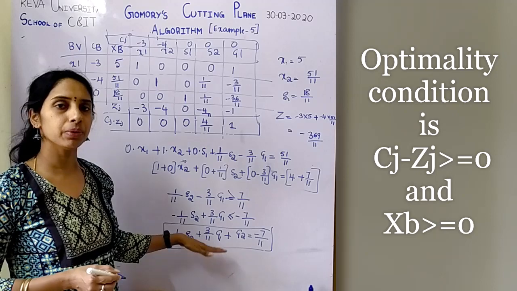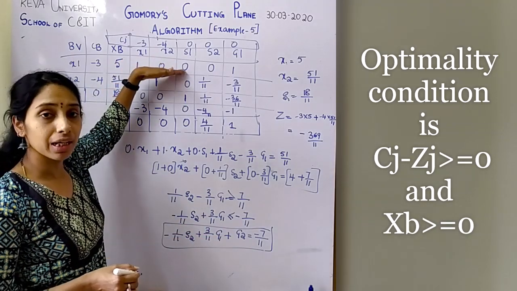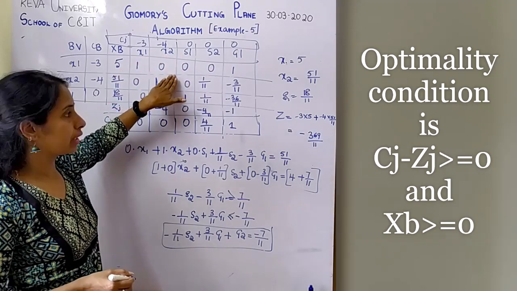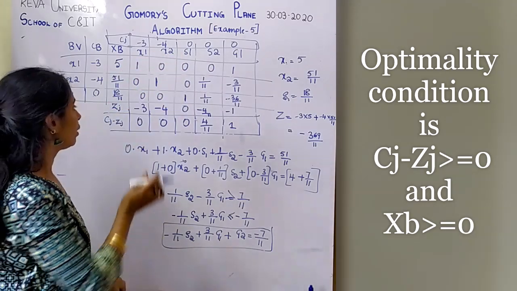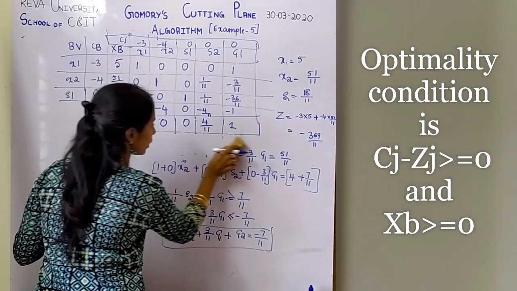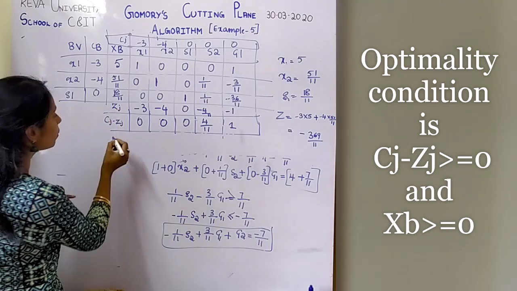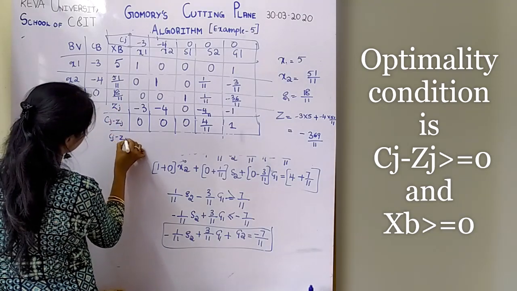Now what we have to do? Include this expression in the last table. As I said, the inclusion of this will not change our Zj and Cj values, so I will just copy the same.